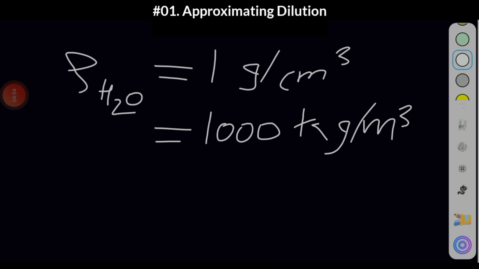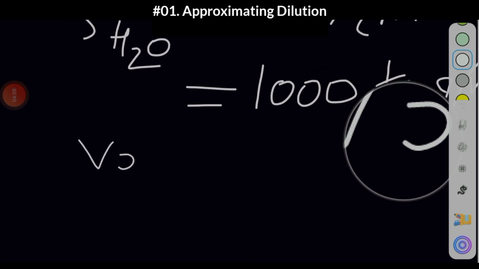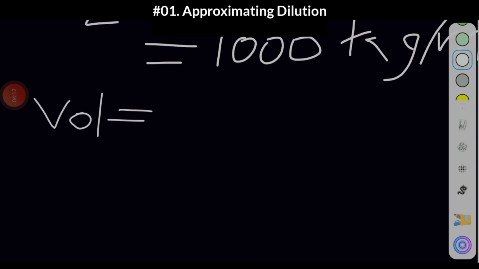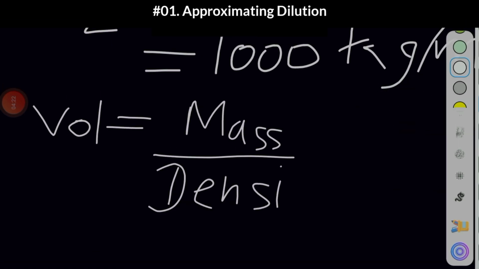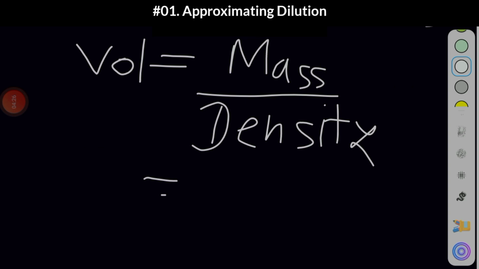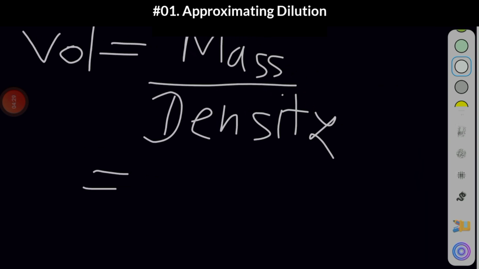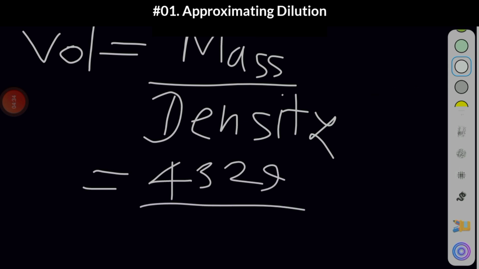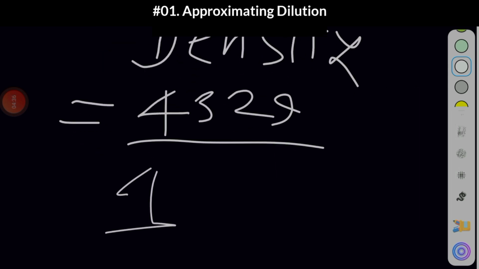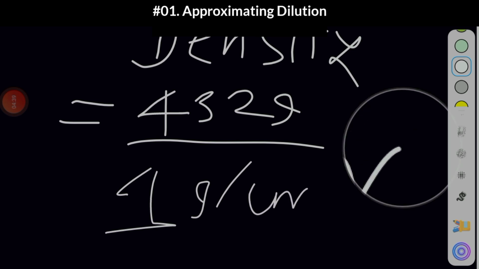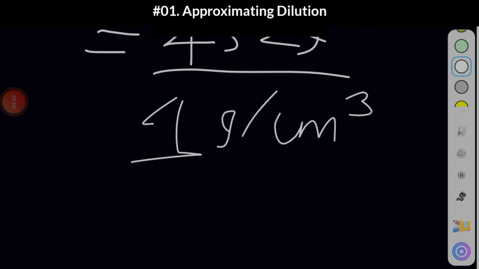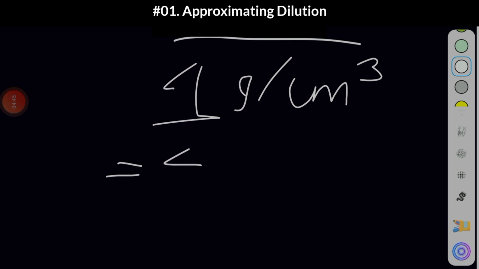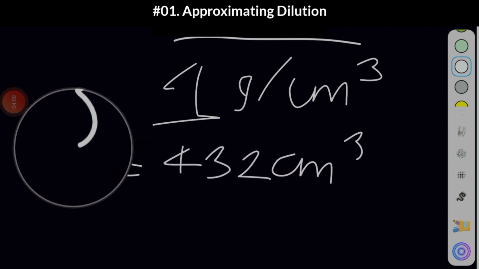This is the standard density of water approximation. Now we have to find out the volume, and we know the mass, we know the density. So the formula is simple. Volume is equal to mass upon density, and we'll get the volume of water to be its mass, which is 432 gram, over its density, which is 1 gram per centimeter cube, and this equals 432 centimeter cube.